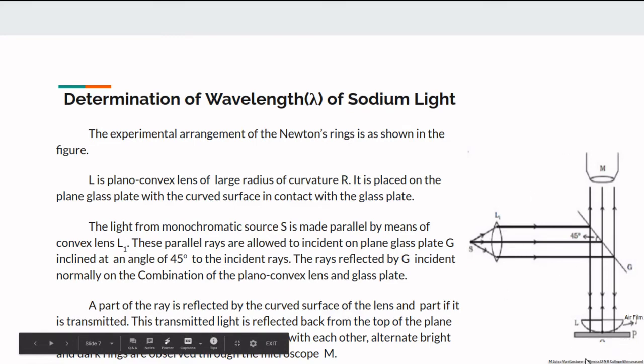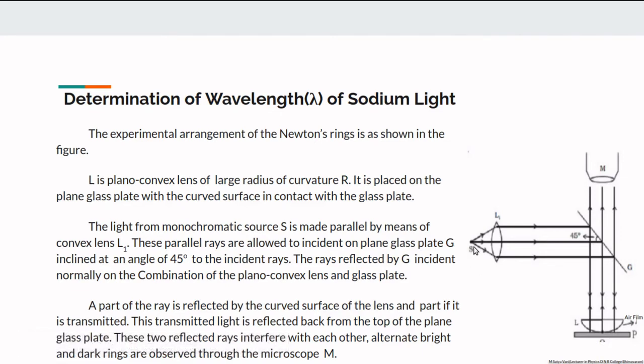There are two surfaces for a plano-convex lens: a plane surface and a curved, convex surface. It is placed such that the convex surface touches the plain glass plate. Then only an air film is formed in between these two surfaces.